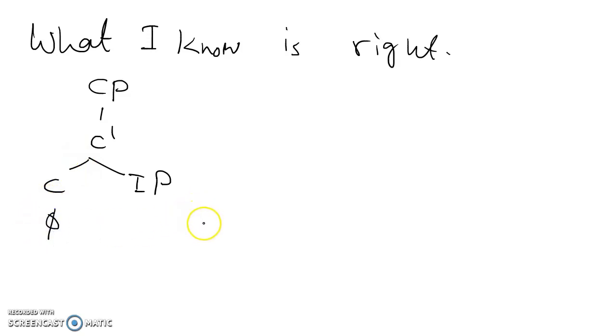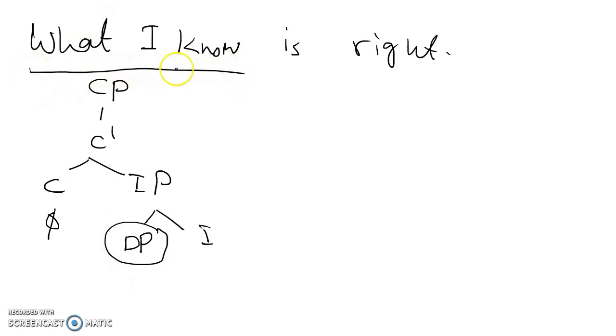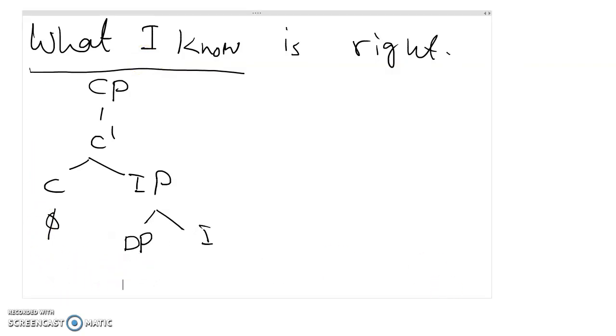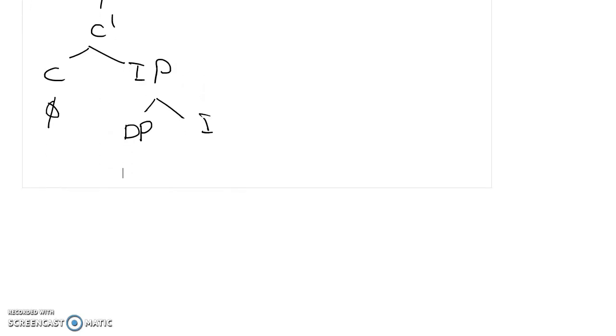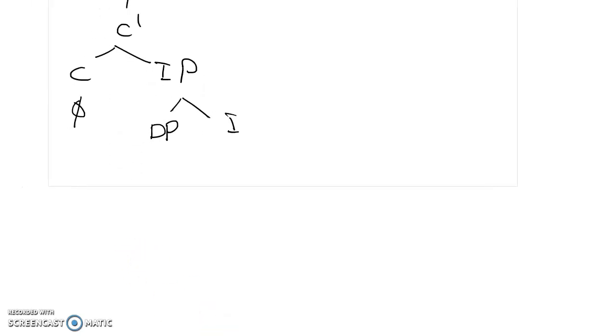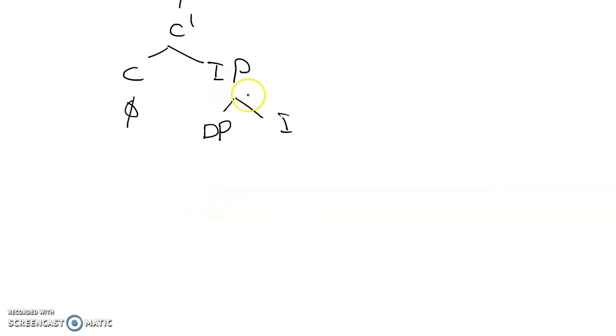Now let's go ahead with the IP. This IP consists of, of course, the DP and the I bar. Now this DP must be the subject of my sentence. The subject of my sentence here is this clause, what I know. So I have to start analyzing what I know in this position. As we all know, this DP consists of, like usual, a D bar.